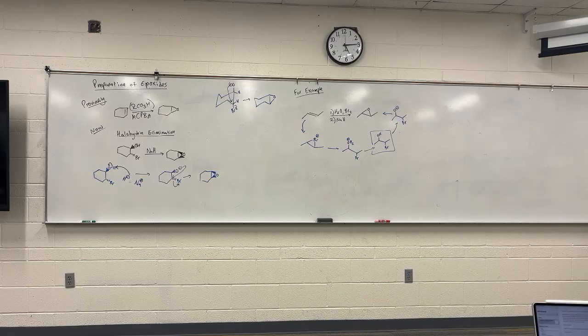So if you're doing this in a timed setting, having to work through the mechanism every time just to solve a synthesis kills a lot of time. So I want you to be thinking about knowing how your reagents change functional group without having to show the intermediates that form in between. Okay. Those are the ways that we'll form epoxides.